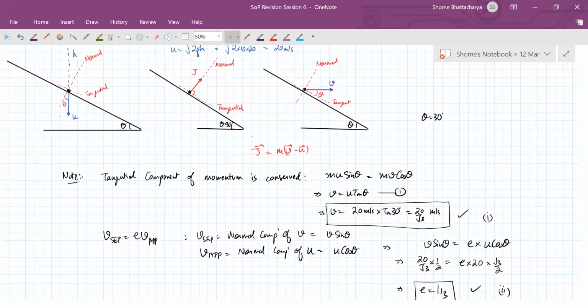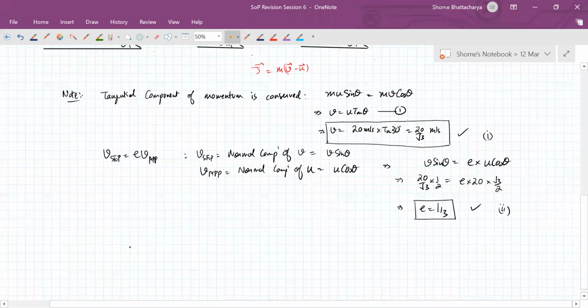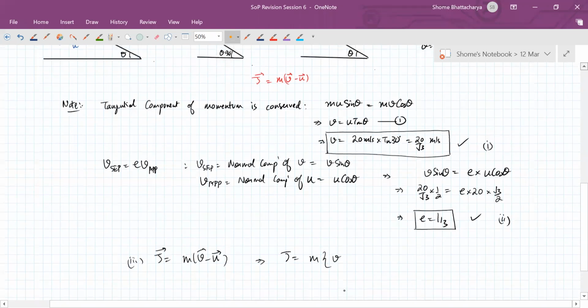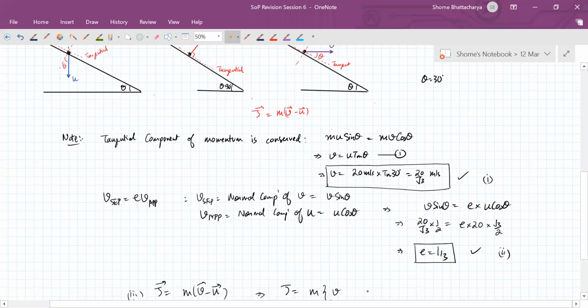Likewise, now the answer to the third part, the collision impulse. In terms of magnitude, it will become the normal component, which is minus, minus, so it will become plus because the direction is reversing, the normal component being u cos theta.